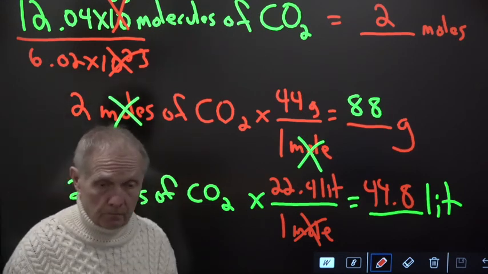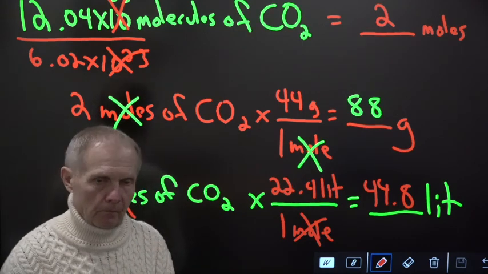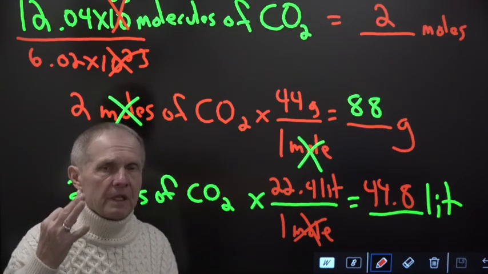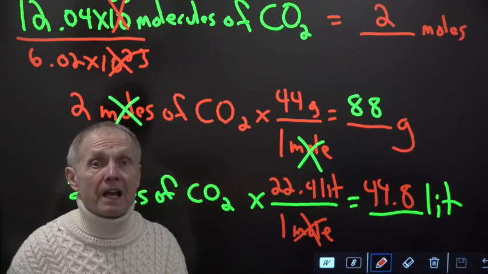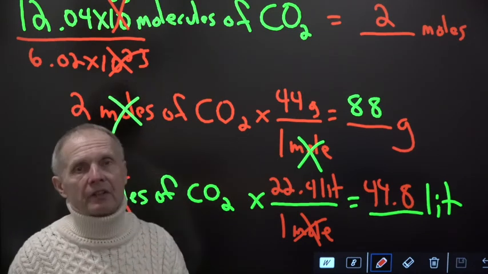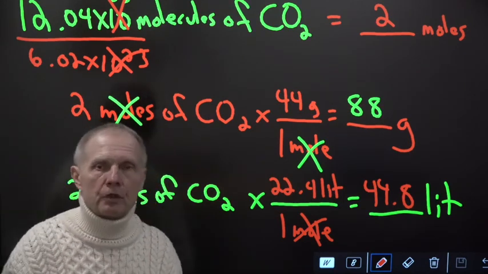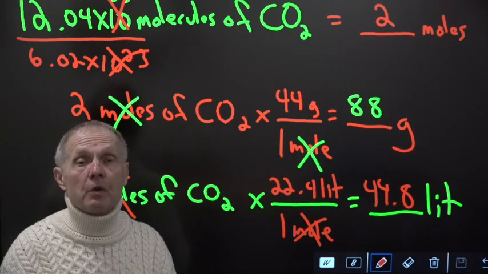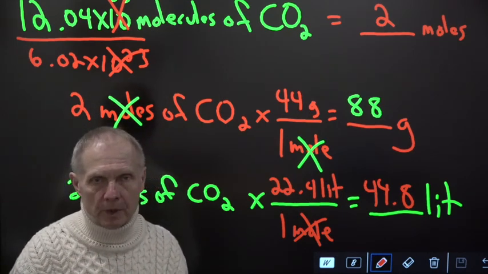So, my rule is when in doubt, always convert to moles. You've got 3 things. If I give you grams, then you divide by the molar mass. If I give you liters, you divide by 22.4. If I give you molecules or atoms, you divide by 6.02 times 10 to the 23rd.